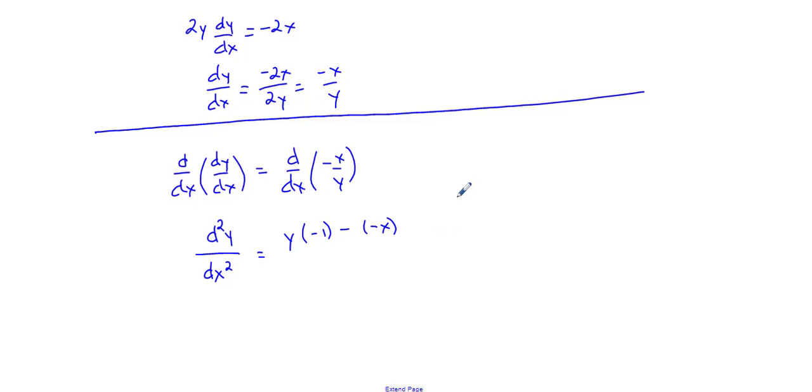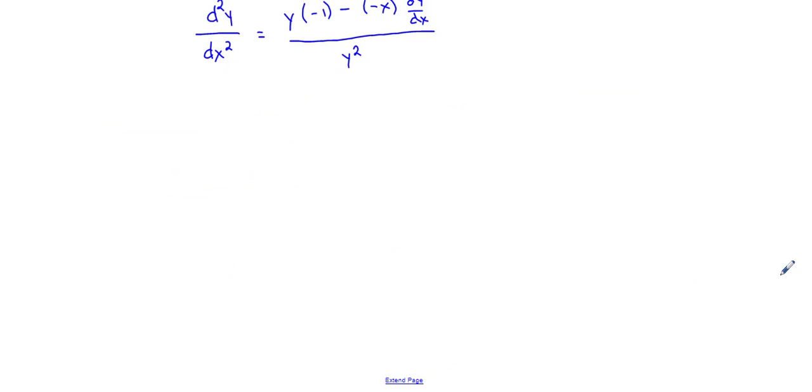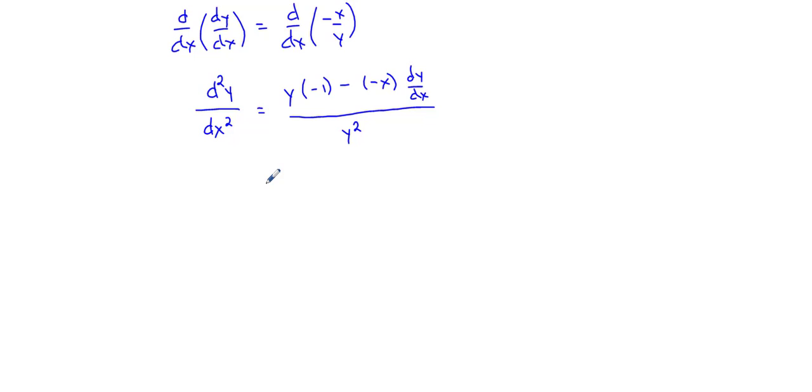Say again, dy/dx, and be 1 dy/dx, obviously. All over low squared. All right, well, we can organize this a little bit better. That'd be negative y plus x dy/dx over y squared.